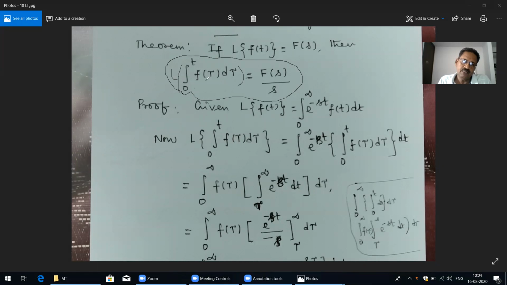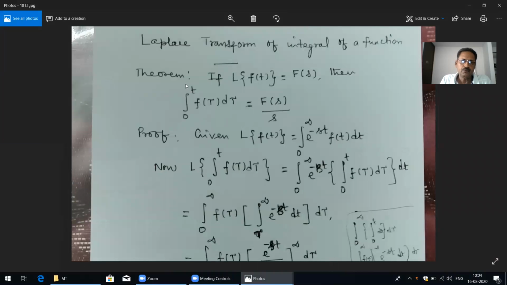Sometimes we have to write this using the upper limit infinity instead.